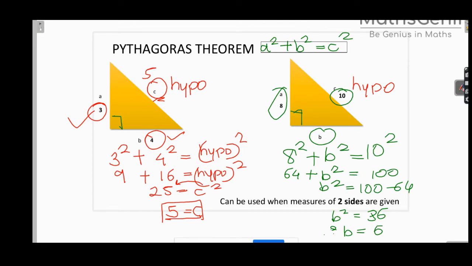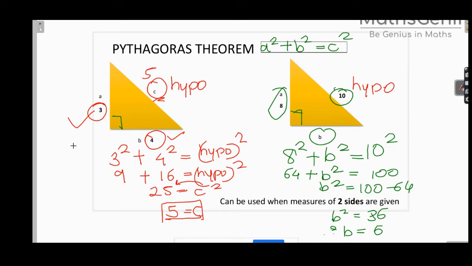So, my only objective of revising Pythagoras theorem is you use Pythagoras theorem when two sides are given. But in life, in all the questions, you will not get two sides. Sometimes they will give you a measure of angle and they will give you only one side.